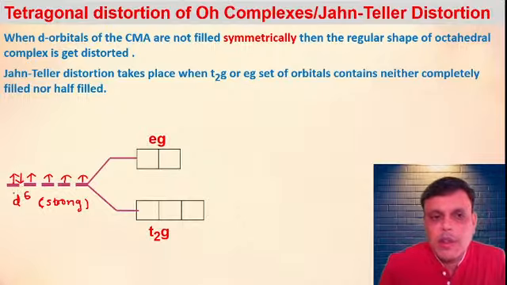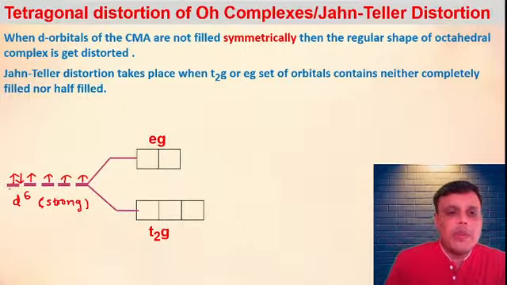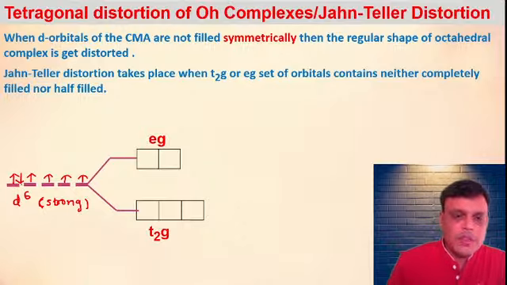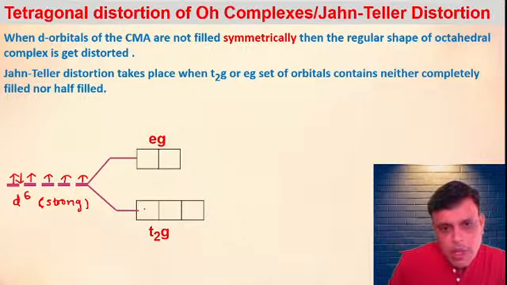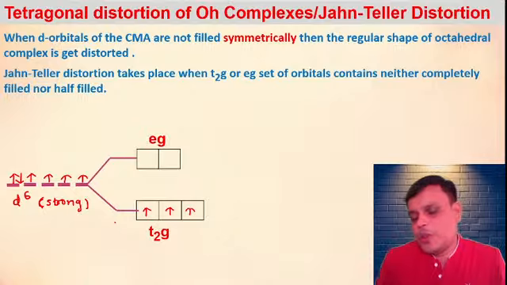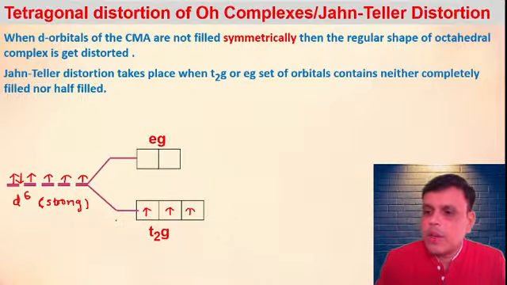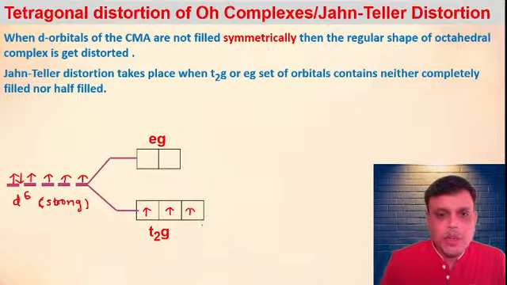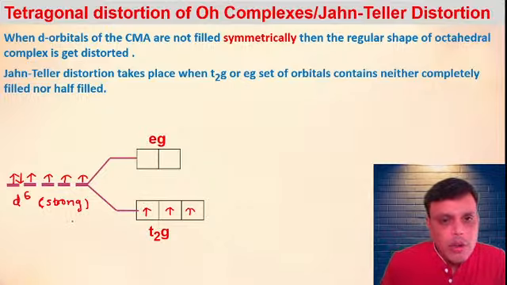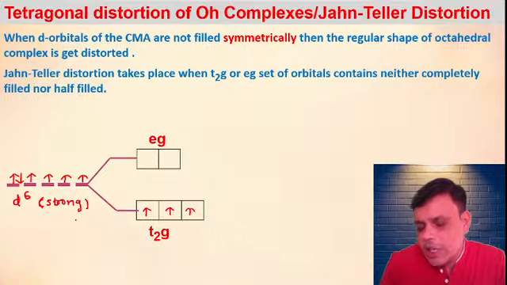We have 6 electrons in the free metal ion and we have to fill these 6 electrons into T2g and eg orbitals. So first of all, according to the rule, the first 3 electrons will directly go into the T2g orbital. Then the fourth electron will go into eg or T2g orbital.